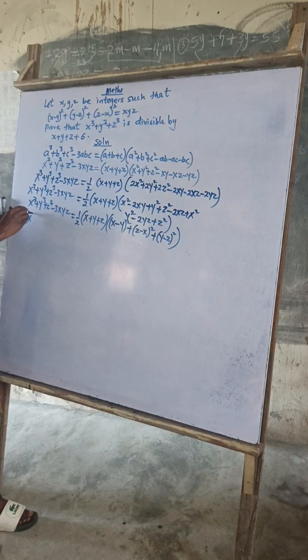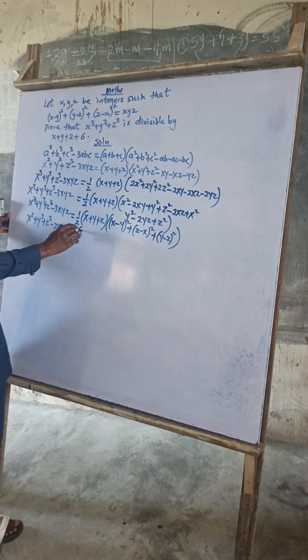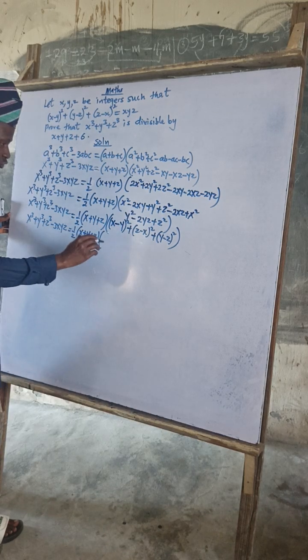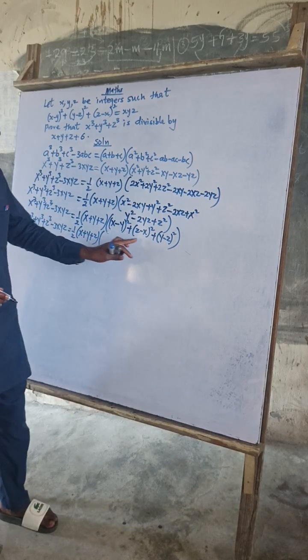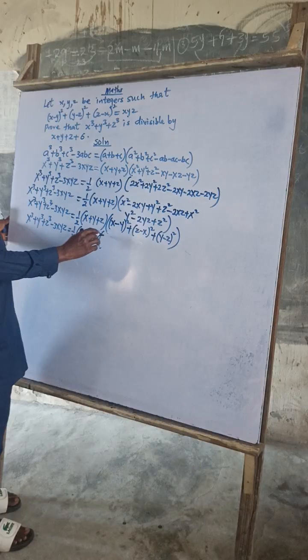Therefore, we have x cubed plus y cubed plus z cubed minus 3xyz equals 1 over 2, open bracket x plus y plus z, then into bracket. Now, what we have here is equal to x, y, z.